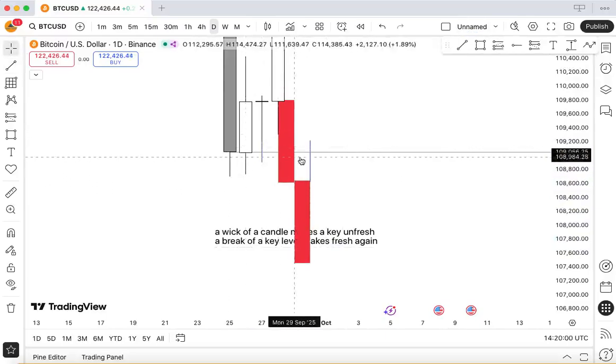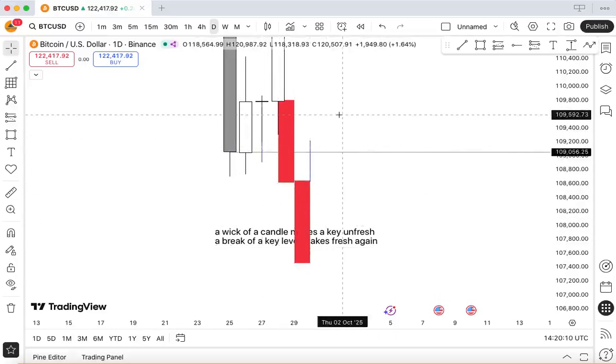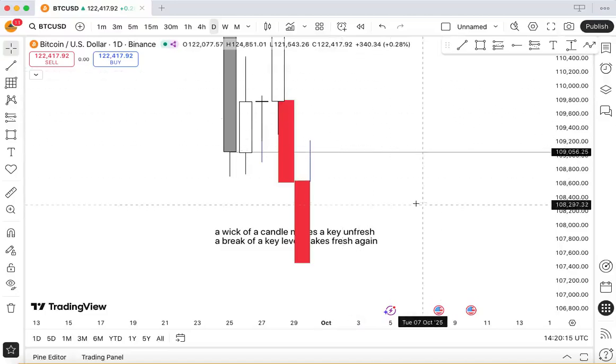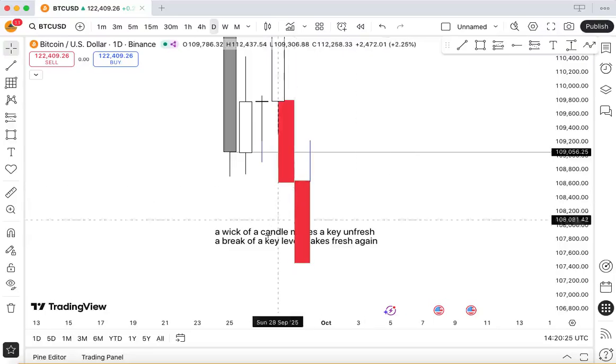This is no longer fresh, it is unfresh. How can it be fresh again? Another candle comes and breaks here. Now it is fresh again. Now how is it called? A QM. Okay, if it is broken again, now it is no longer a QM, it is not an RBS, it is not a support, it is just a key level. Why? Because it has been broken a lot of times, so we are no longer having a name for it.